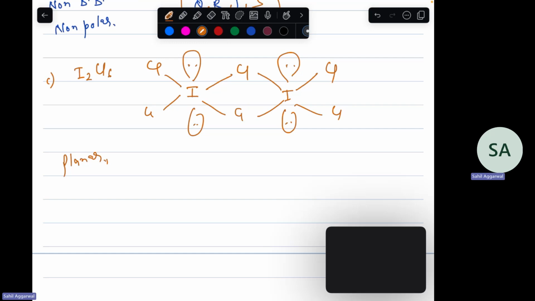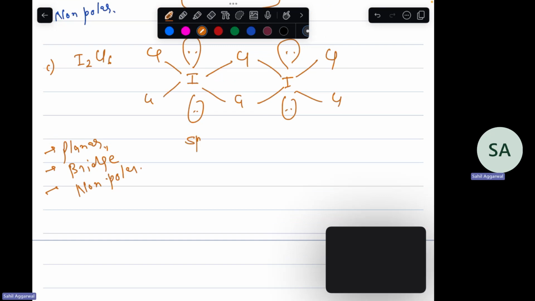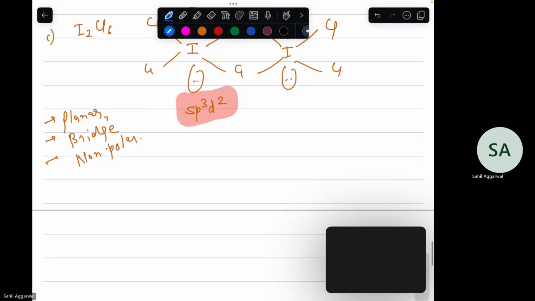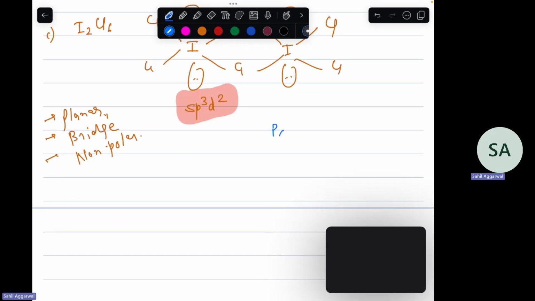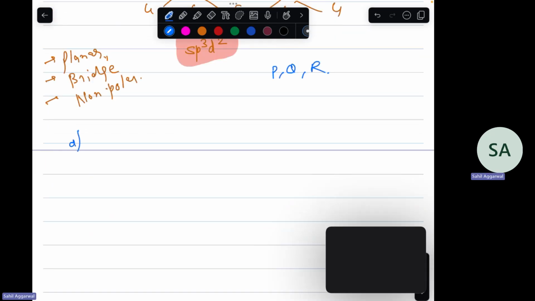Back bonding, bridge bonding, obviously bridge bonding तो है ही। Non-polar, yes, will get cancelled out. Non-planar, no, it will be planar. Hybridization would be, इसकी हो जाएगी sp3d2, not sp3, it would be sp3d2, 4 सिग्मा बॉन्ड 2 लोन पेयर, तो इसका आ जाएगा PQR.